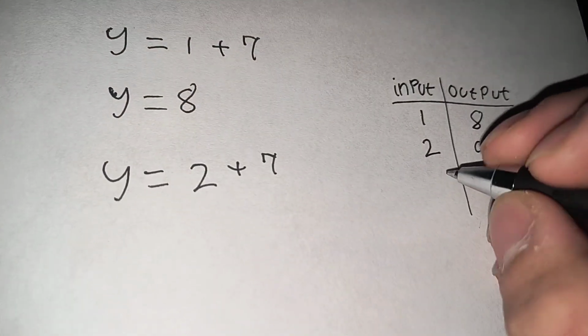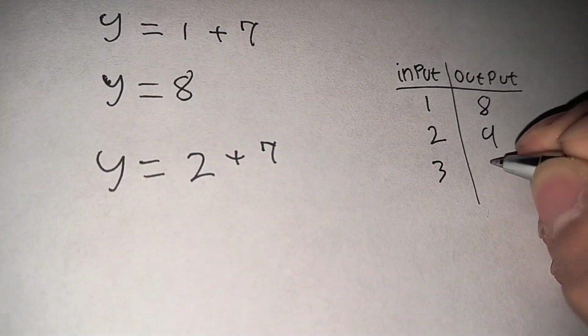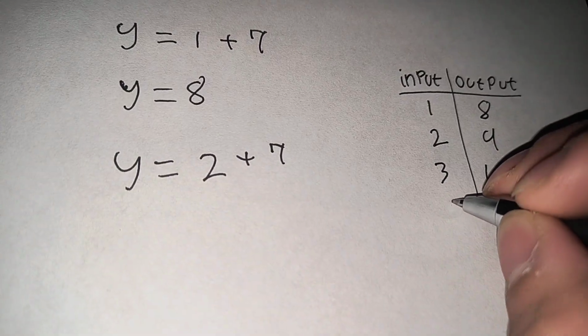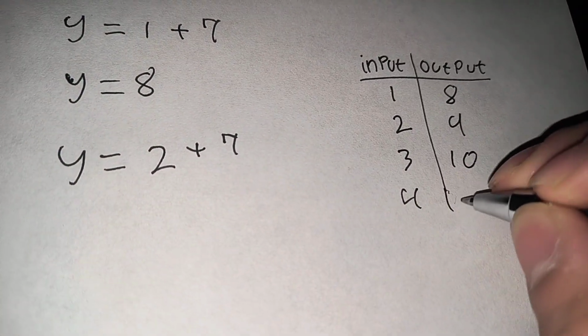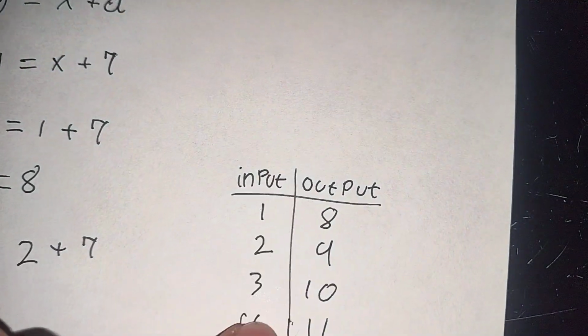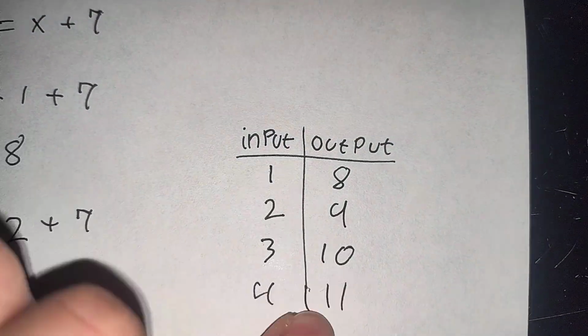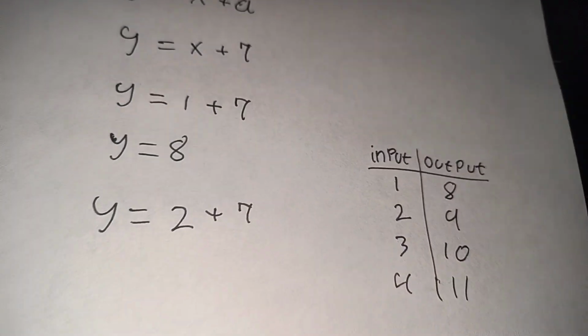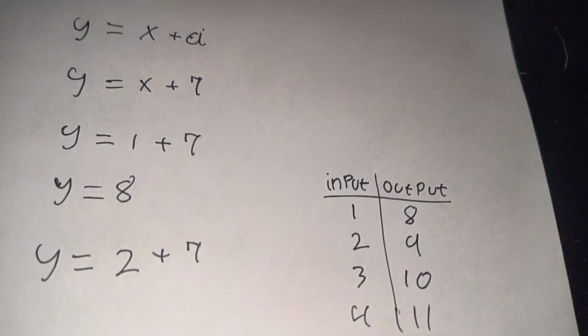Let's do it with 3. 3 plus 7 is 10. And 4 would be 11. So the pattern for 1, 2, 3, and 4 is 8, 9, 10, 11. And the pattern is that we add 1 each time.